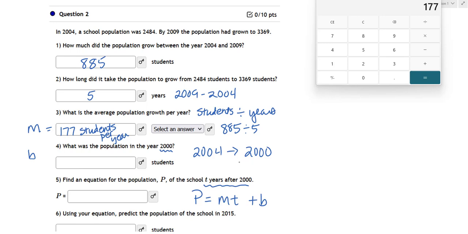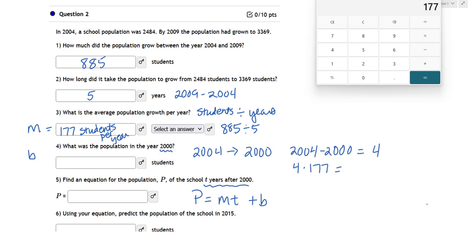We have to think of going backwards, so we'd be going down. I would take the difference 2004 minus 2000, and we get 4. So the change from the 2004 population to 2000 is going to be 4 times 177.